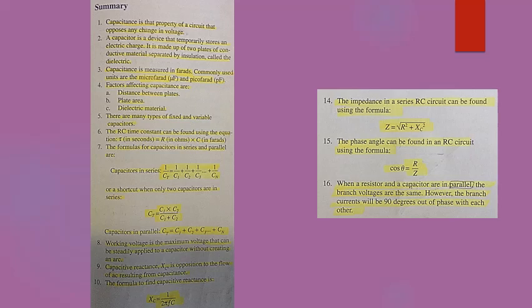Number 14, the impedance in a series RC circuit can be found using a variation of the Pythagorean theorem. Z equals the square root of R squared plus XC squared.